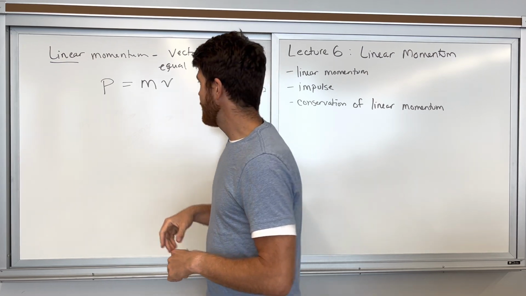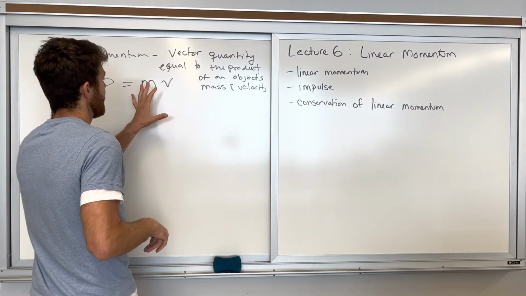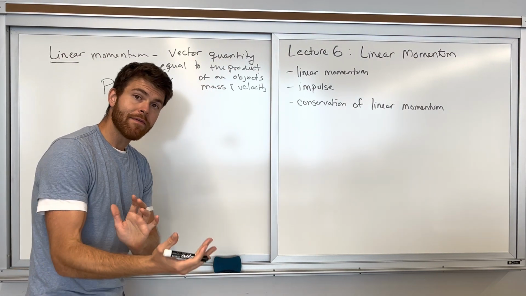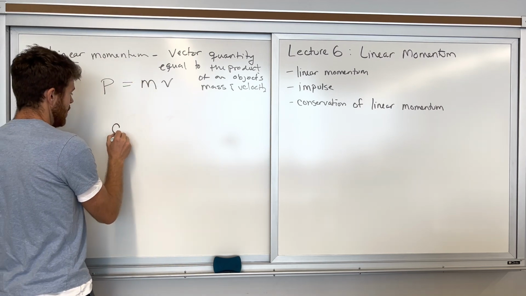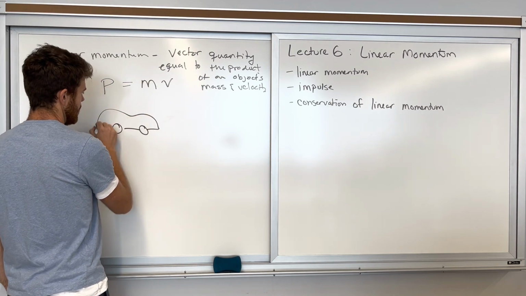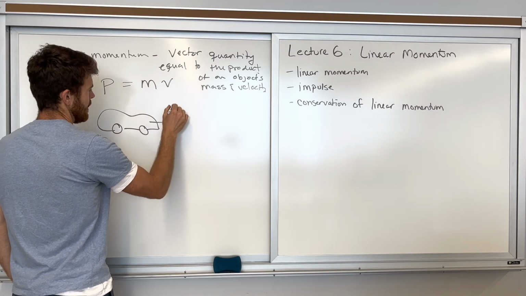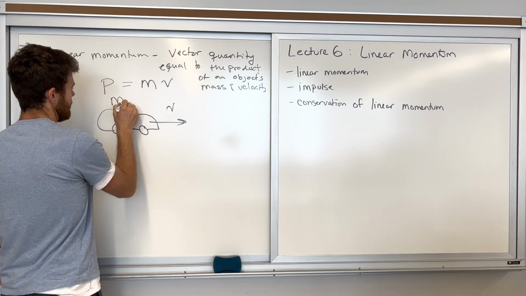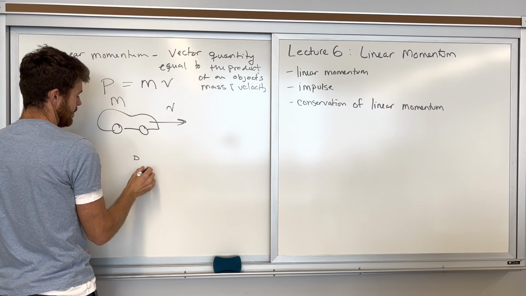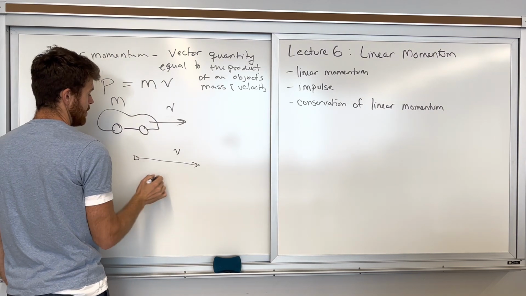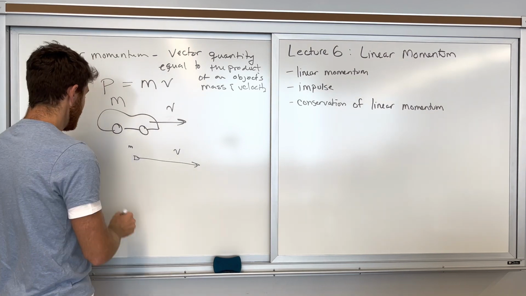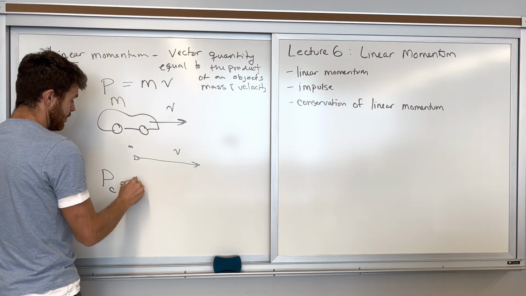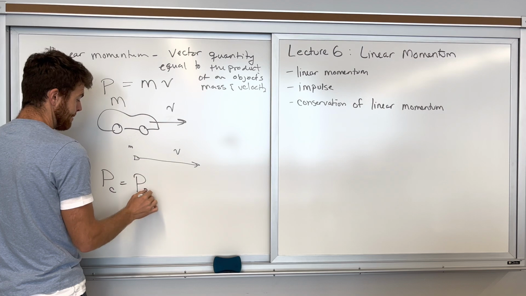So because it's the product of mass and velocity, two objects can have the same momentum while having different masses and velocity. For example, a car could have a velocity and a mass, where a bullet could have much larger velocity and a smaller mass, but they could have the same momentum. The momentum of the car could equal the momentum of the bullet.